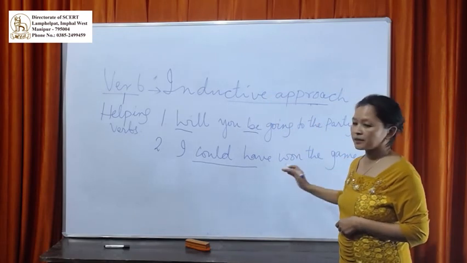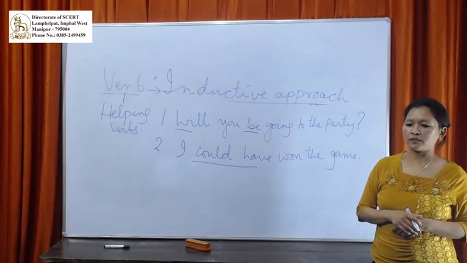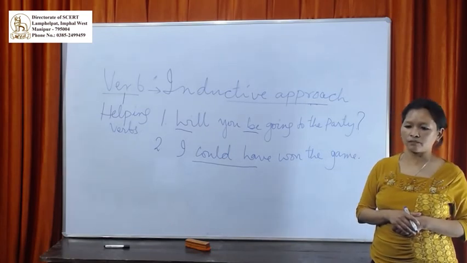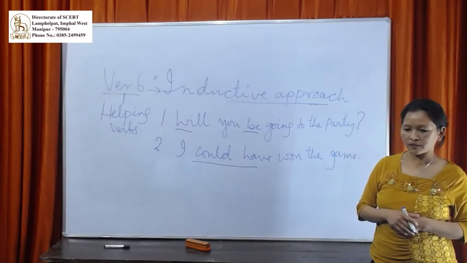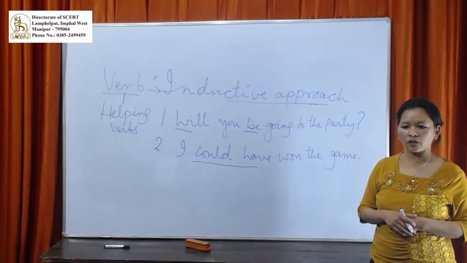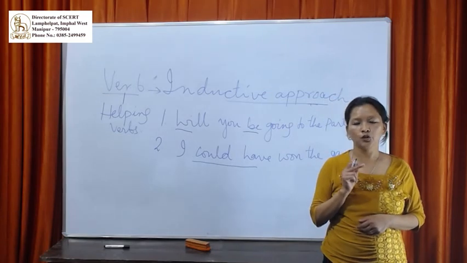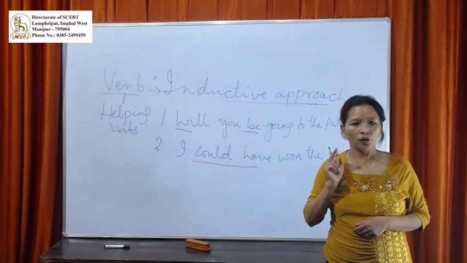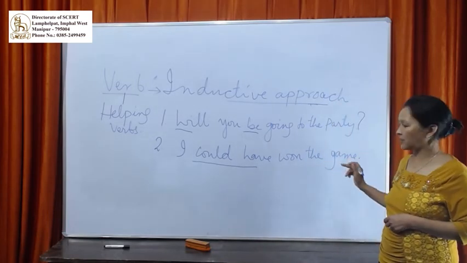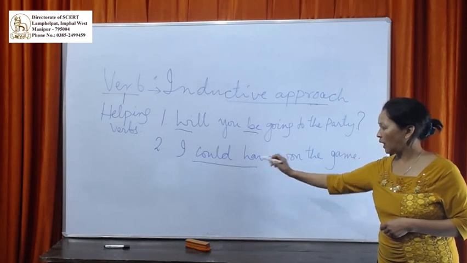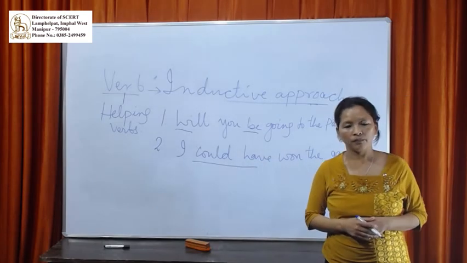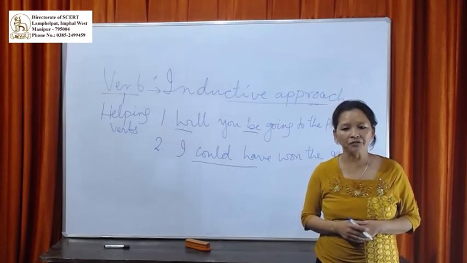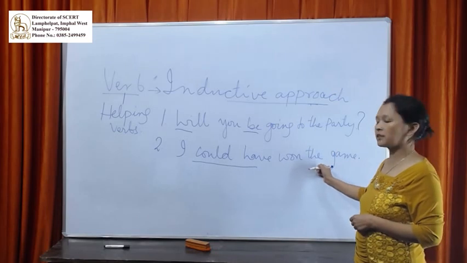From these examples, we can draw the theory. What are helping verbs? Helping verbs work with other verbs to form a complete phrase or to indicate a tense. I could have won the game indicates a complete tense or a complete phrase, or it has given a complete meaning.